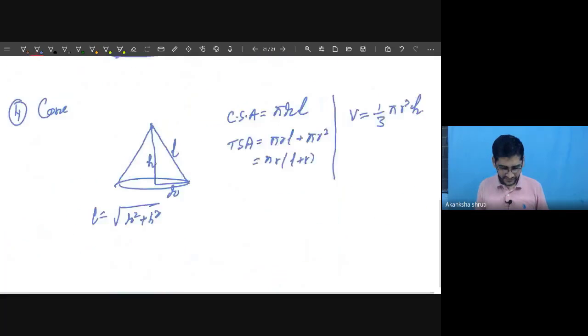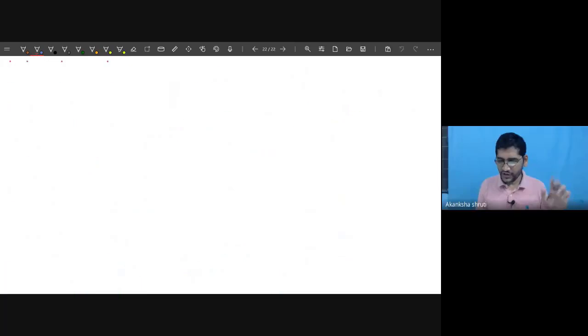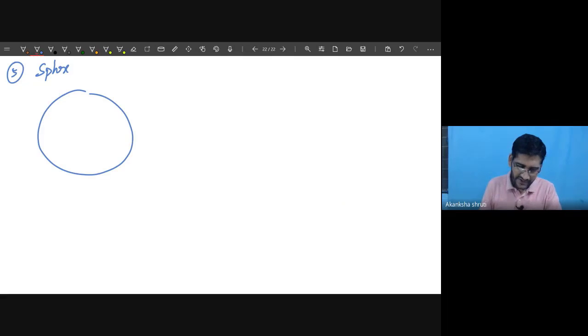Then after this cone, we have two more. One is our sphere, the three-dimensional ball. To represent this, for the circle we draw another elliptical circle at this point.